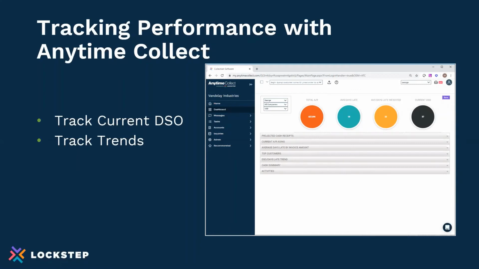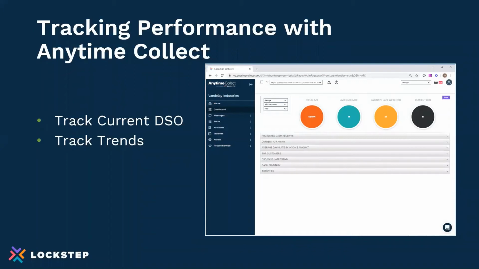Let's say, for instance, you wanted to understand whether changing the past due notice frequency in your policy reduces DSO. You'd be able to take a test group of individual customers, put them into that new policy, implement it, and then track whether or not it had a significant impact on DSO.